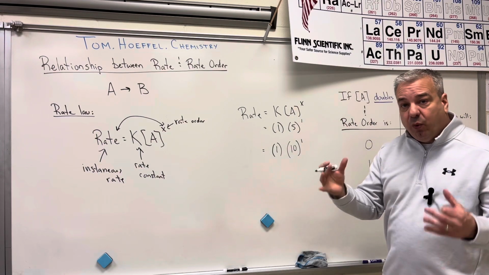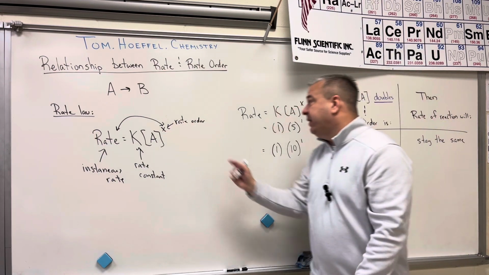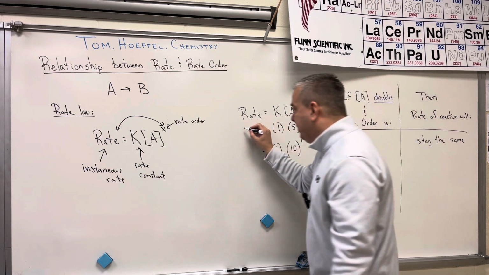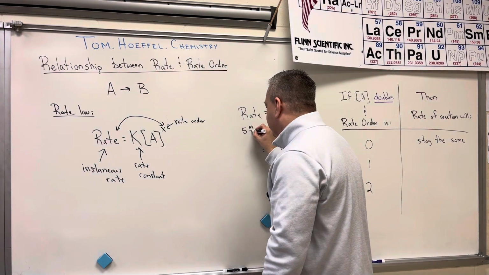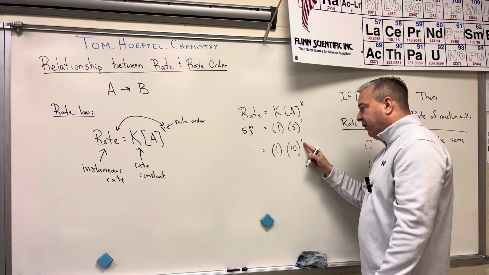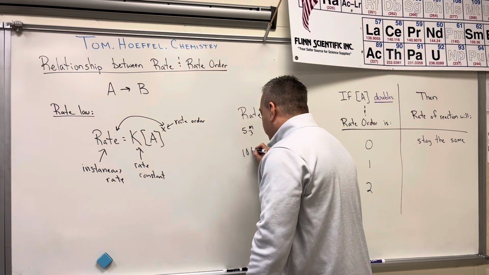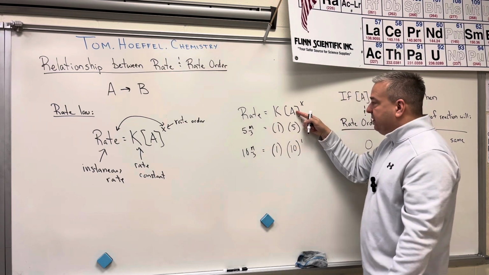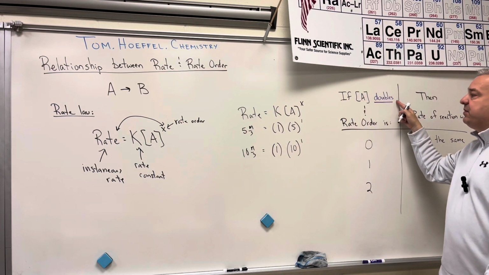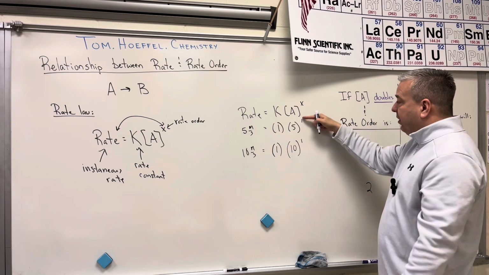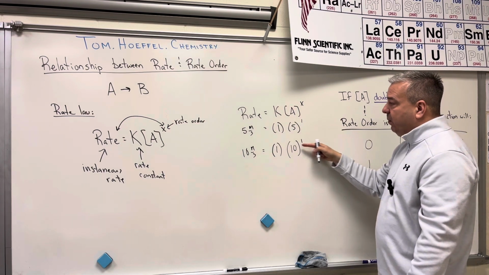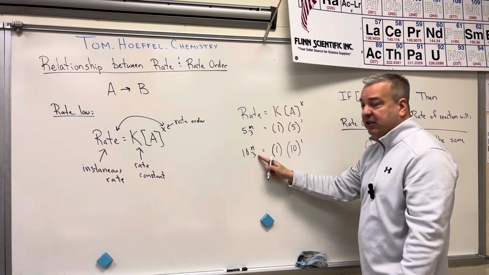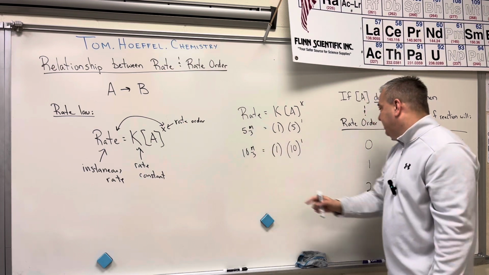Well, 5 to the first power is 5, times 1 would give me 5 molarity per second. And 10 to the first power would give me 10 molarity per second. So if A doubles and the rate order is 1, what happens to the rate? Well, if you double the concentration, it looks like you double the rate.